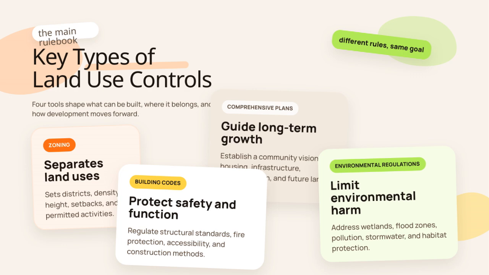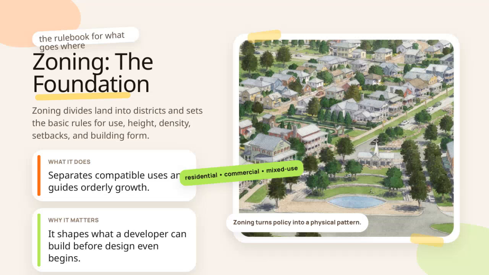Finally, environmental regulations are designed to limit harm to natural resources. They cover areas like wetlands, flood zones, pollution control, stormwater management, and habitat preservation. While these tools have different rules and focuses, they all work together toward the common goal of responsible and sustainable land development.